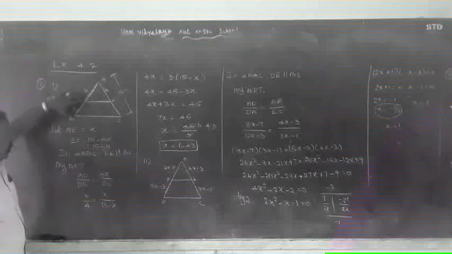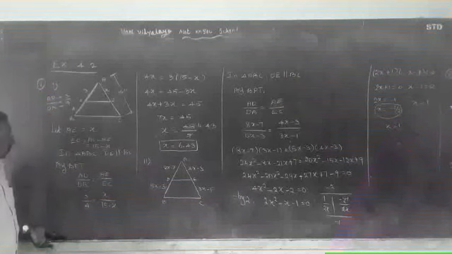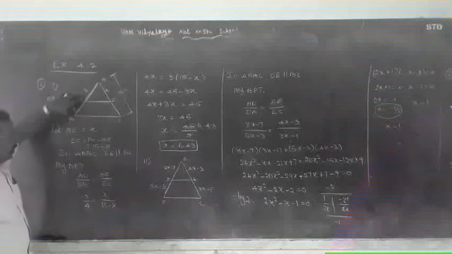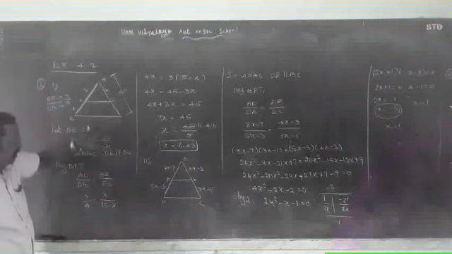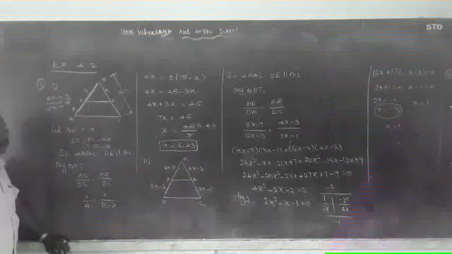AD divided by DB equals AE divided by EC. This one is the basic proportionality theorem.